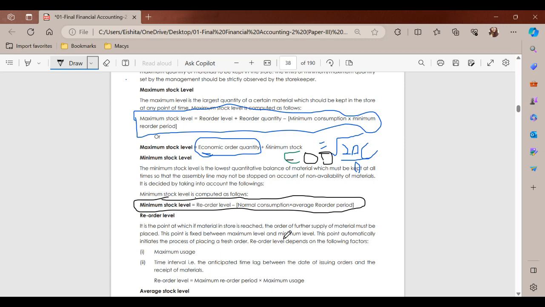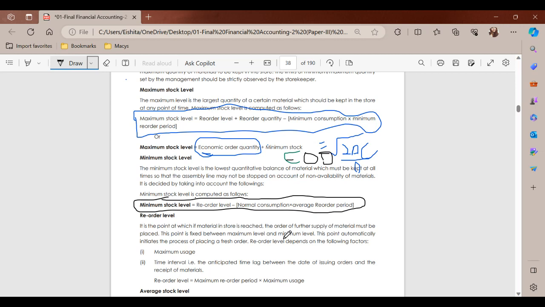Reorder level depends on the following factors. Maximum usage कितना है, टाइम इंटरवल कितना है, और अगर if suppose the tempo traveler or the vendor takes extra time to deliver the material, so what you will do in between?